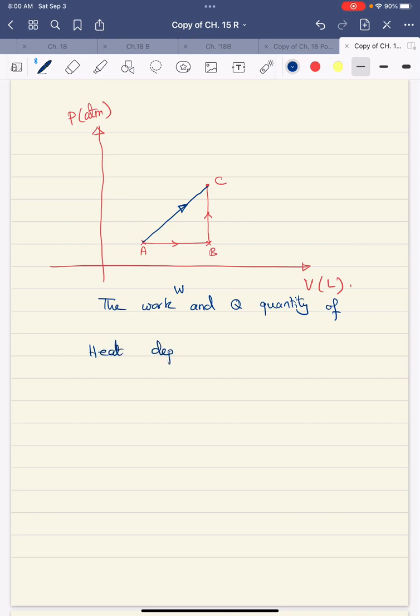depend on the actual path, which means going from A to B to C is different.